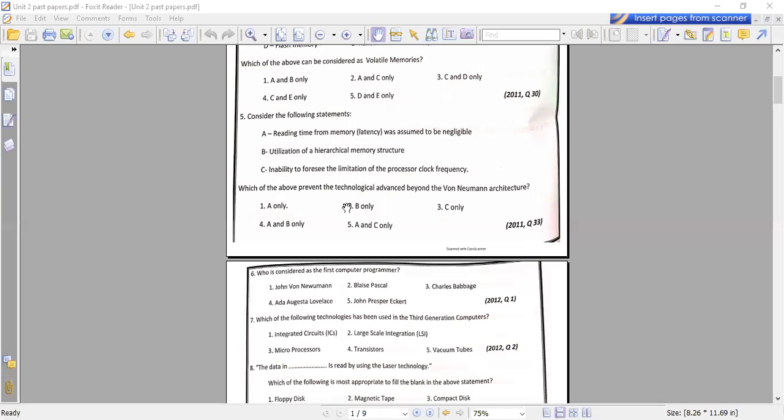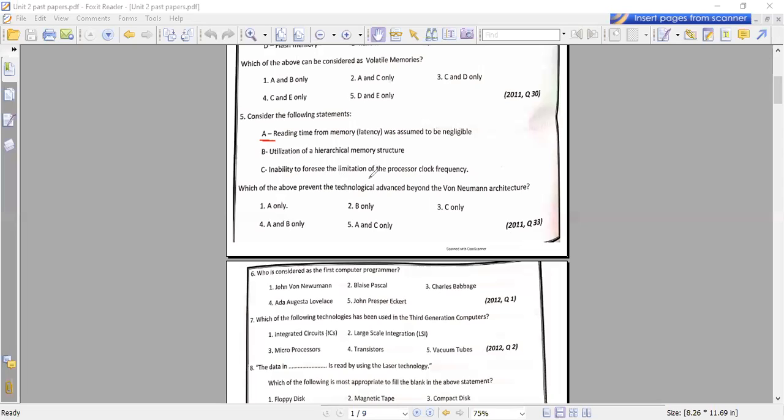So after the beyond the von Neumann ඒකට පස්සේ අපේ මොනවද technological advancement වෙලා තියෙන්නේ prevent කරලා තියෙන්නේ. Reading time assumed to be negligible. That means ඒක නිකන් නොසලකා හරින්න පුළුවන් මට්ටමට ගන්න පුළුවන් reading time එක. ඒක හරි නේද? ඊට පස්සේ utilization of hierarchical memory structure. ඒක අපිට ගන්න බෑ von Neumann architecture එකේ තියෙනවා ඒක නේද?